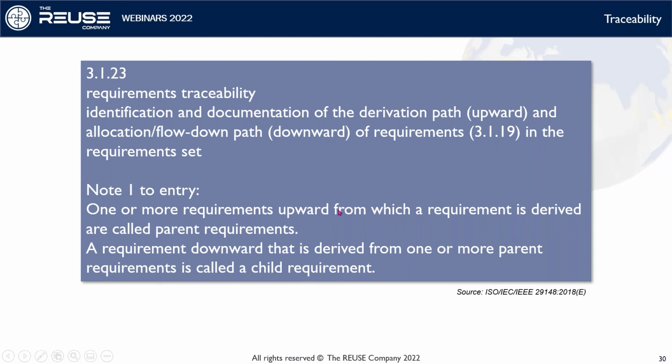We talk about parent requirement and we talk about child requirement. So this indicates that we need traceability to see why we have this requirement, where it comes from, and what happens below ourselves in the level. And this is specifically about requirements and the traceability between higher and lower levels of requirements.